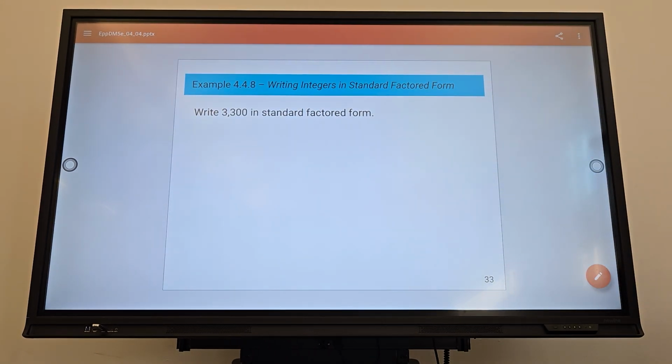Write 3300 in standard factored form. What would that be? 3300 equals 33 times 100. 100 equals 10 times 10. 10 times 10 is 2 times 5 times 2 times 5. 33 is 11 times 3, which are prime factors.